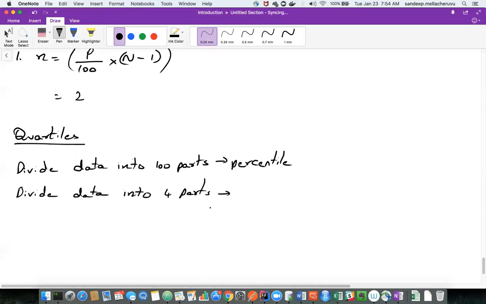This is called a quartile. If you divide data into, let's say, 10 parts, it's called a decile.